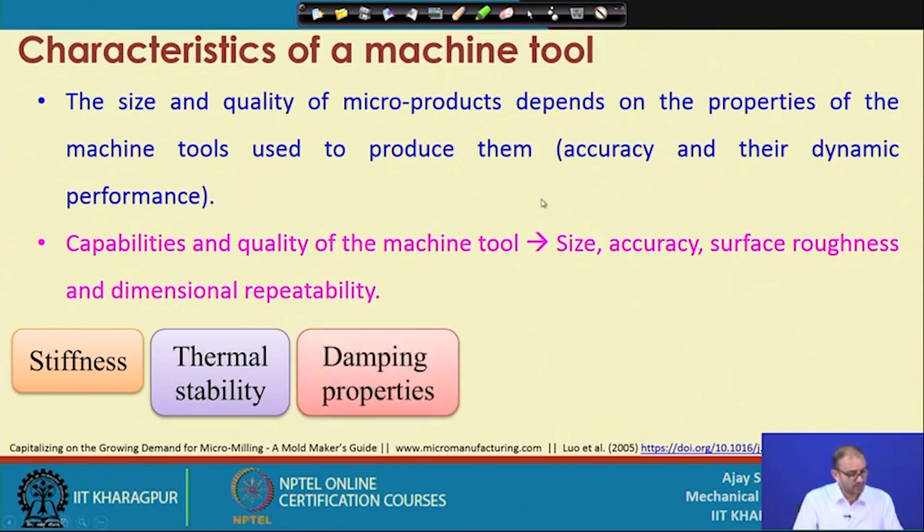Damping properties: damping property means the capacity of vibration absorption. That means, suppose you have one table here, let us consider, and here you have a sensor, and you are hitting with a hammer at this location.